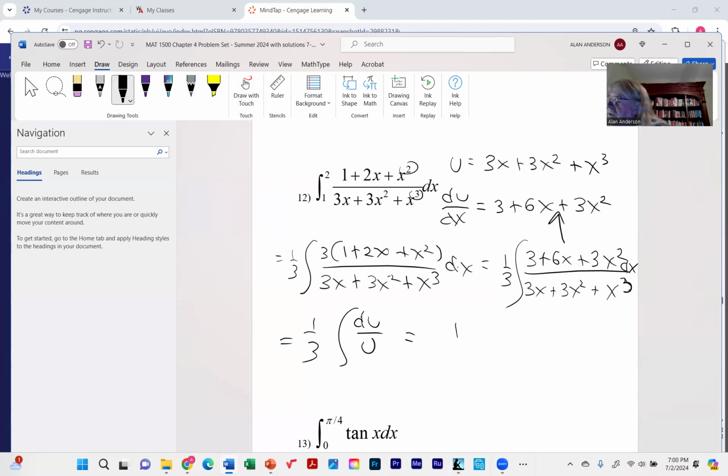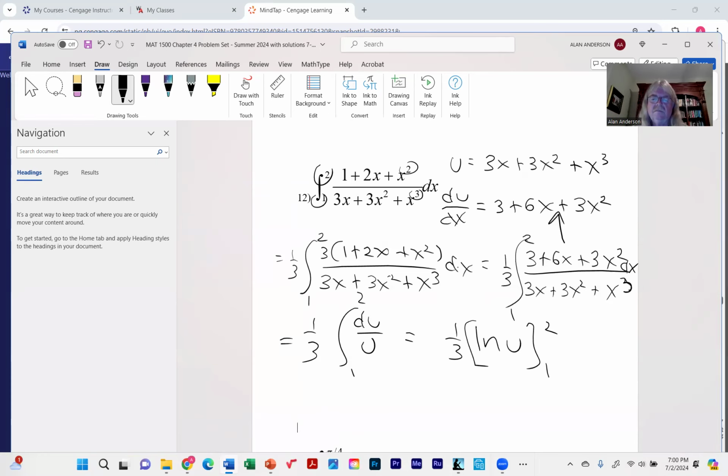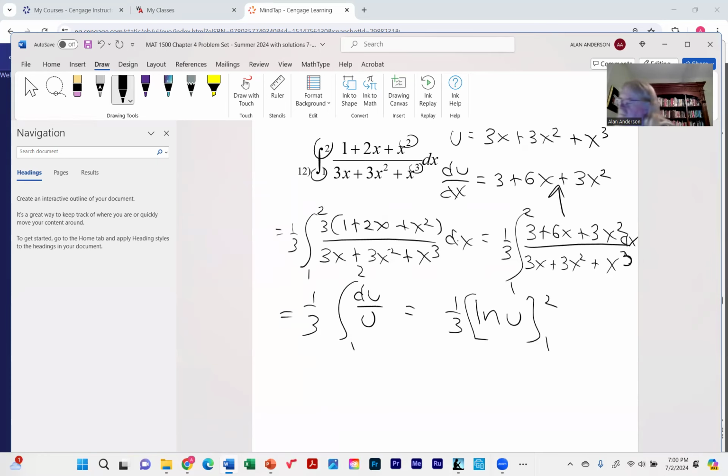And this is simply the log. Oh, I almost forgot. This one is a definite integral. Okay, we don't want to lose that. And so u, we originally chose that to be 3x plus 3x squared plus x cubed.